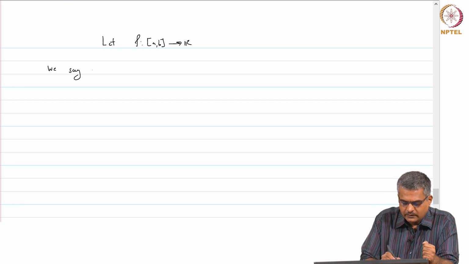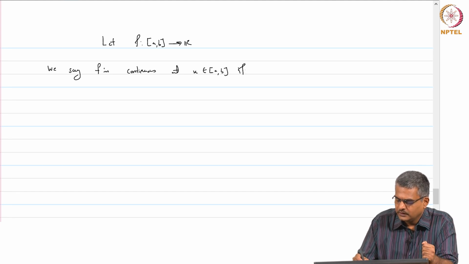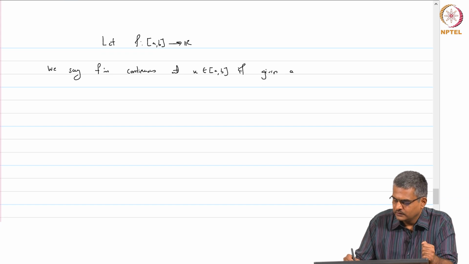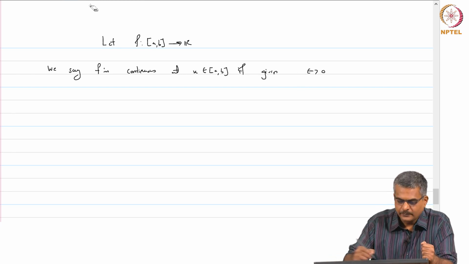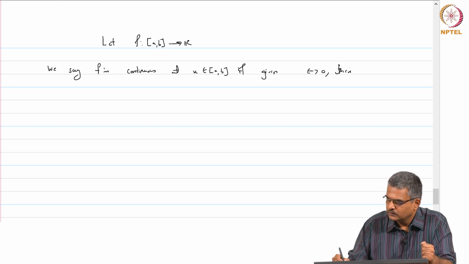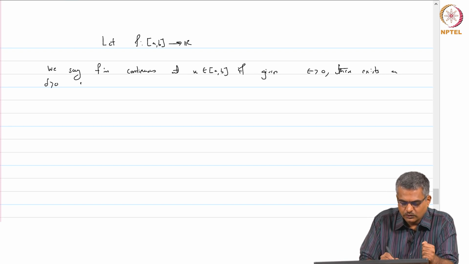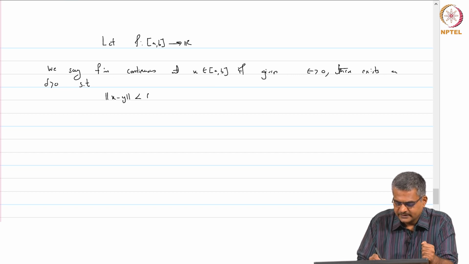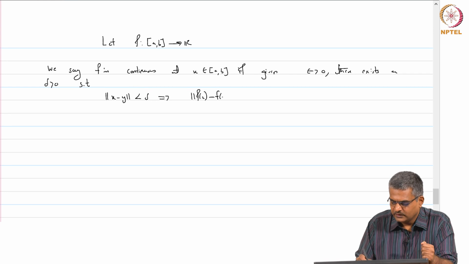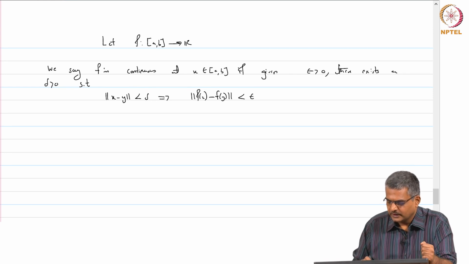We say f is continuous at x belonging to a b if, given epsilon greater than 0, there exists a number delta greater than 0 such that whenever norm of x minus y is less than delta, it implies norm of f of x minus f of y is less than epsilon.